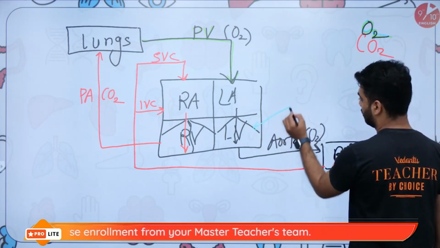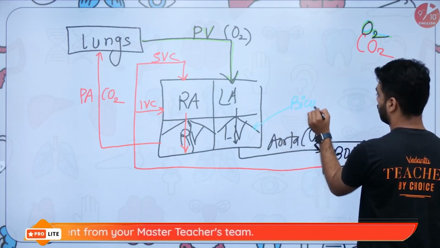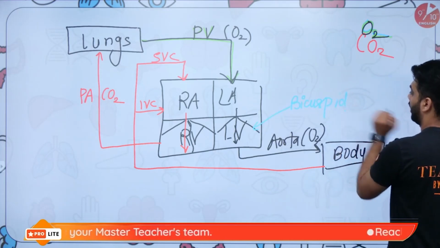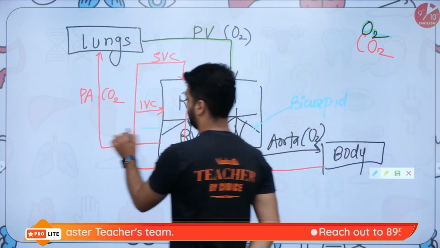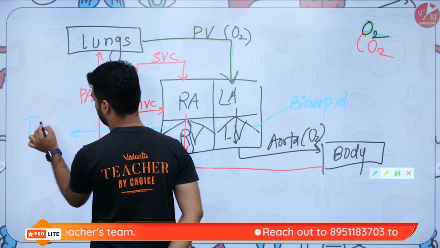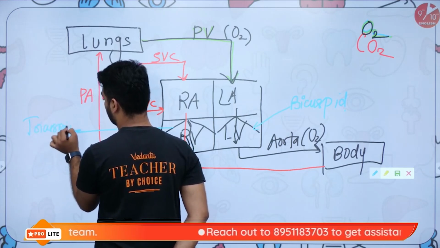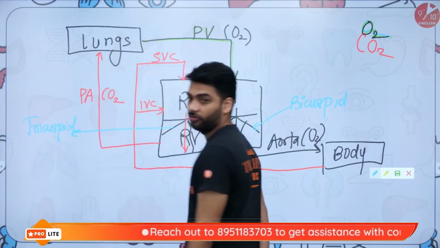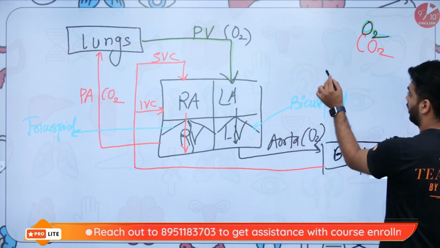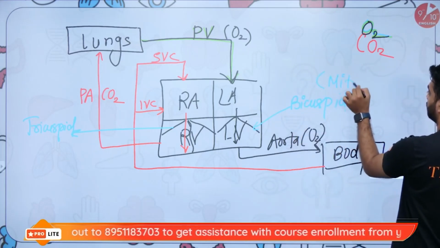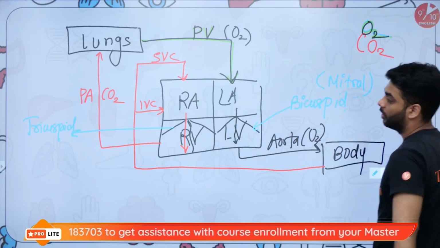This is the bicuspid valve, tricuspid valve. Bicuspid valve is also called the mitral valve, right?